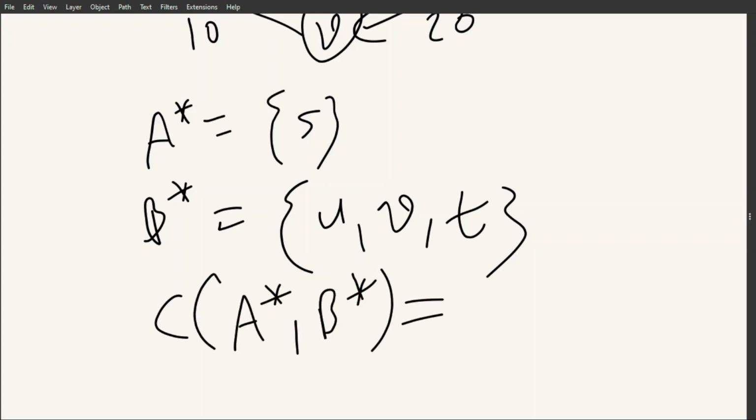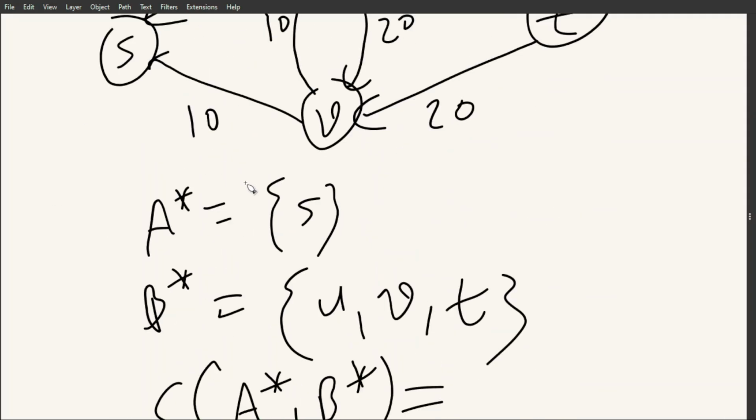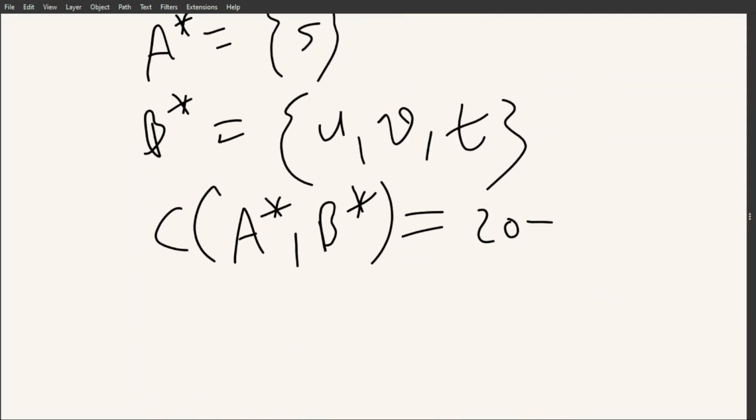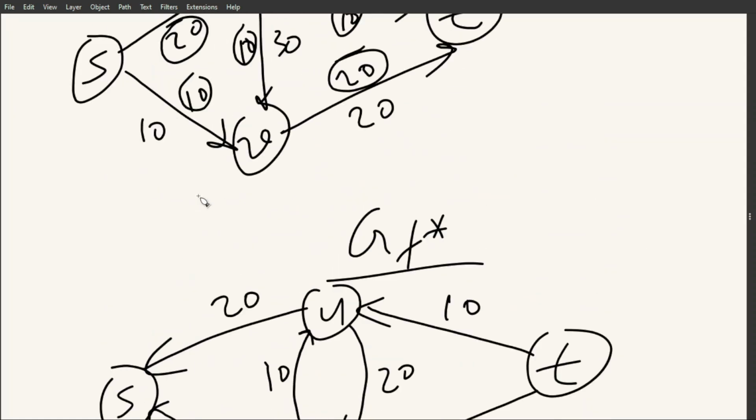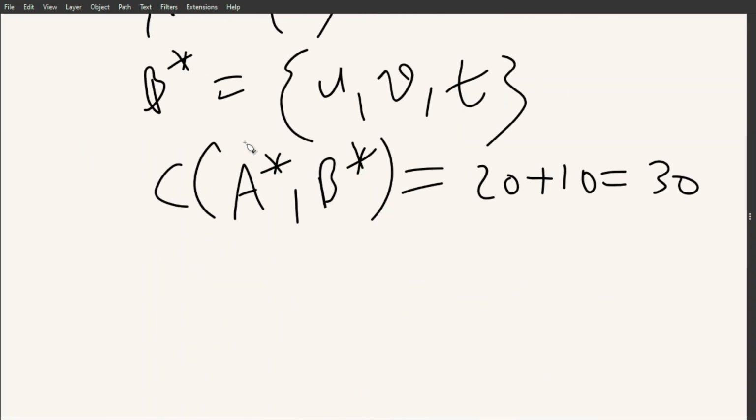This we have already computed before. Take a boundary around S. What are the capacities going out? 20 plus 10, which is 30. And what is the value of the flow? Again, take a boundary around S and see what flow is going out: 20 plus 10.